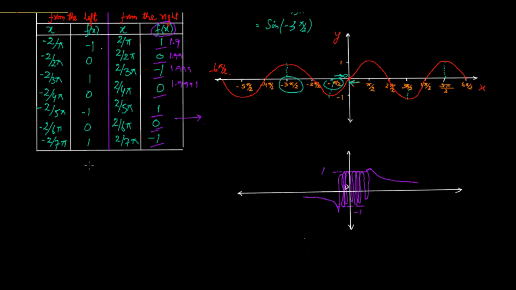As a next example, you can check at home f(x) equals cos of 1 by x, where x is not equal to 0 and x belongs to R. This will be the same as we did earlier.